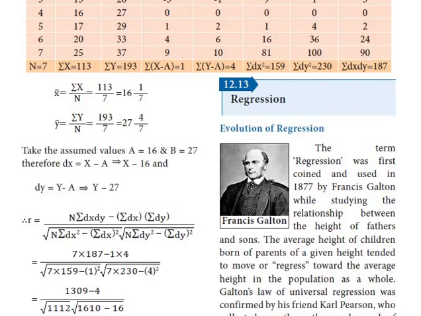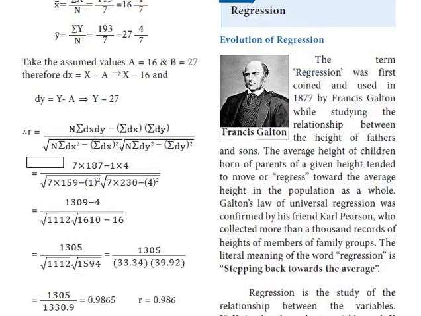On calculating the values, 7 into 187 is 1309 minus 1 into 4 is 4, divided by root of 7 into 157 minus 1 square gives you 1098, into root of 7 into 230 gives you 1610 subtracted by 4 square is 16. On solving it further, 1305 divided by root 1098 into root 1594.